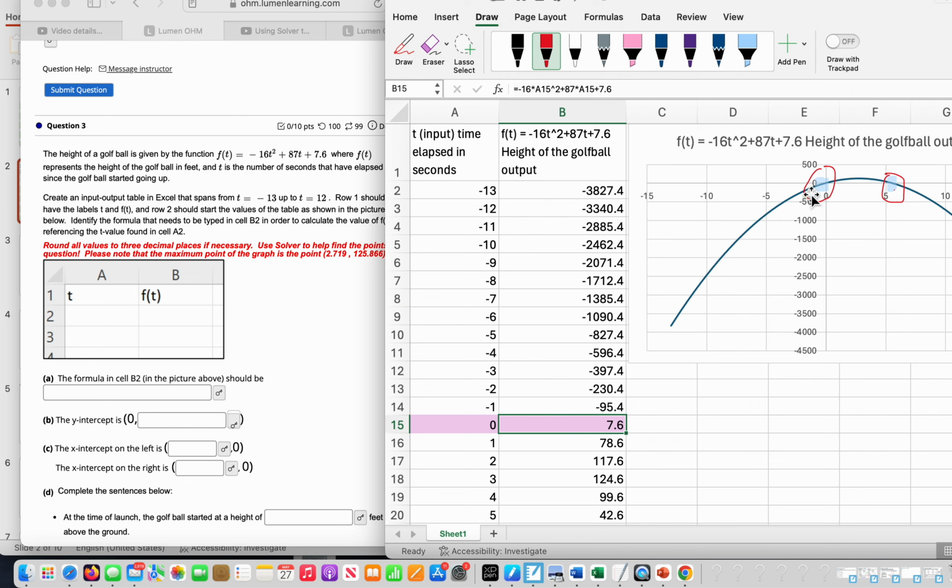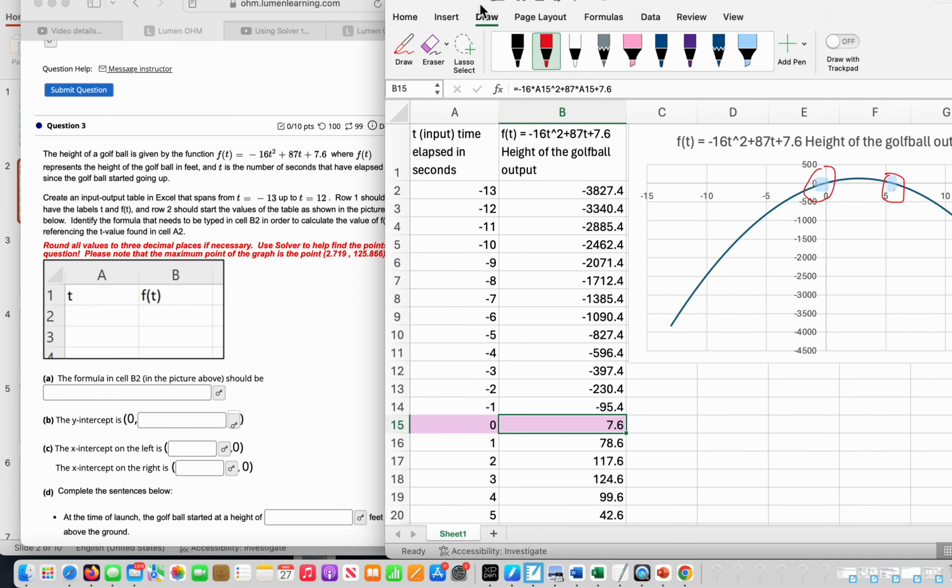So what that really is telling me is that somewhere between time negative 1 and 0, my function crosses the x-axis because it goes from negative 95 to 7.6. I want to find the value in column B that's closest to 0. That would be 7.6. That's what I want to use Solver on.